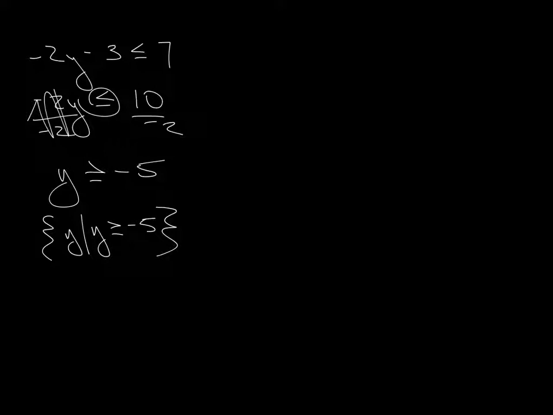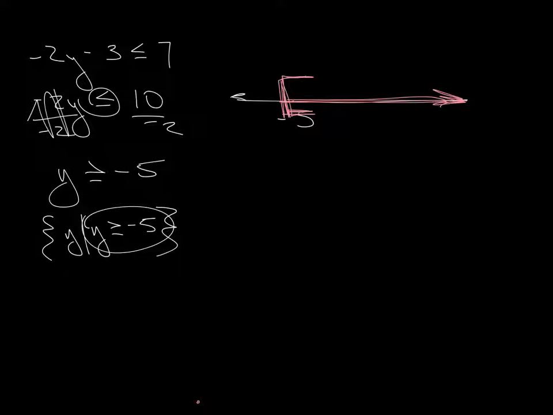If I want to use a graph, and let's just put -5 there, and we're saying that y is bigger than or equal to. So because it's bigger than or equal to, we're going to make our squared off bracket, meaning it includes -5, and it's going into infinity.